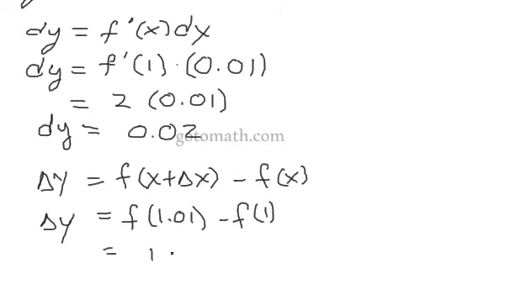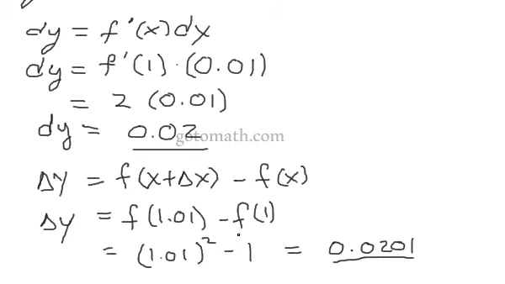Well, I guess I won't skip any steps on that. 1.01 squared minus 1. And this is all going to end up equaling 0.0201. So this is pretty close, I'd have to say, to our dy. That's pretty close to our dy.